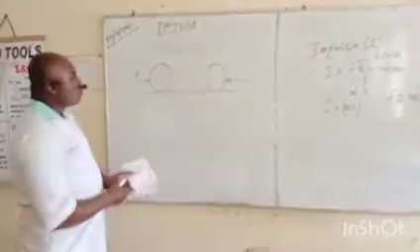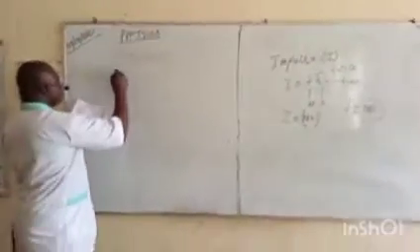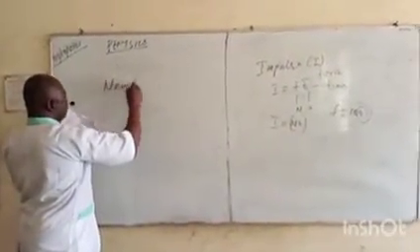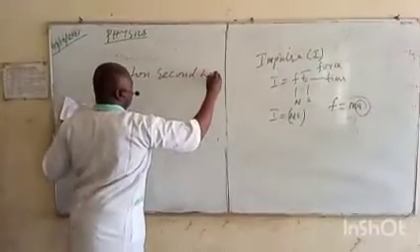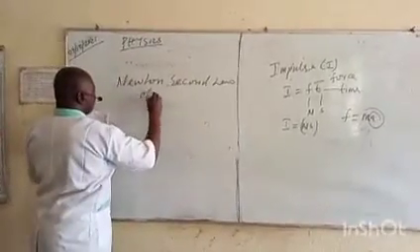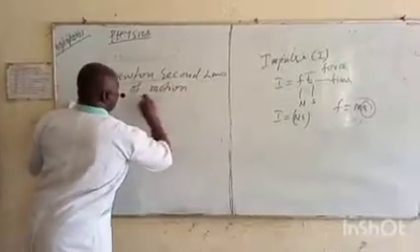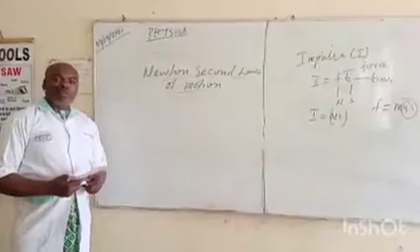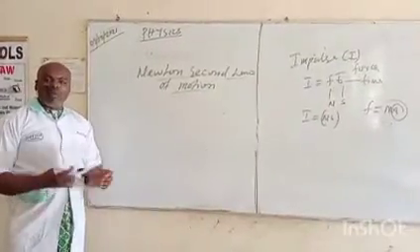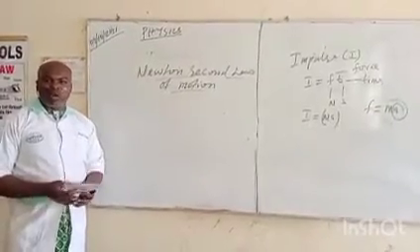Now let's look at Newton's second law of motion. The law states that the rate of change of momentum is directly proportional to the applied force, and it takes place in the direction of the force.